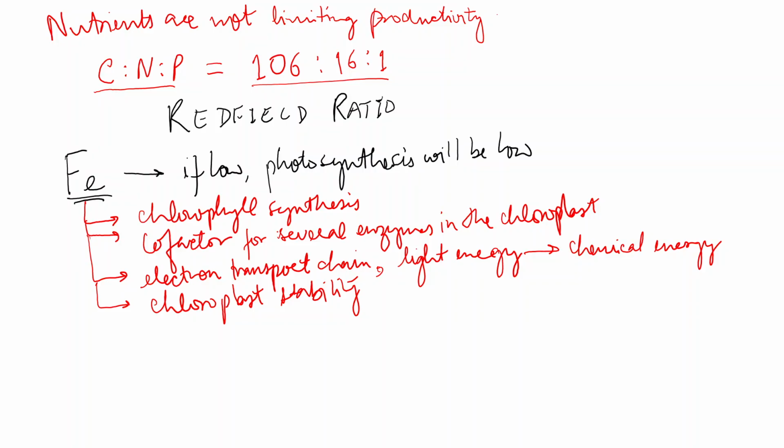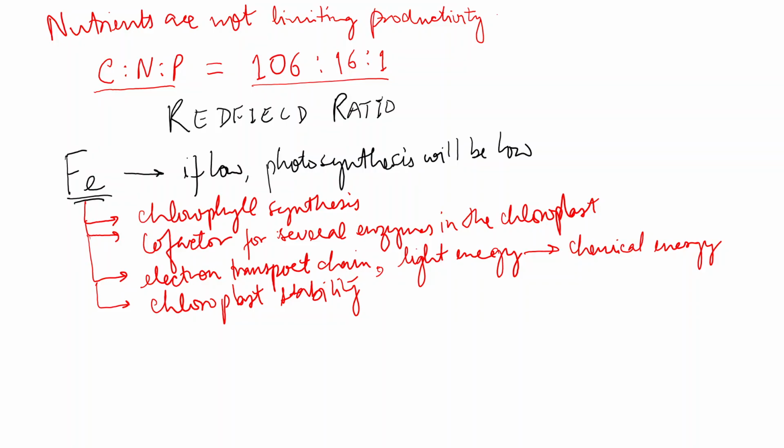So the first factor was the availability of nutrients. I hope you understood that if the nutrients are higher, they will help in the higher concentration of phytoplanktons. If the phytoplanktons are higher in their concentration, they will be helpful for the photosynthesis and the photosynthetic efficiency will increase.